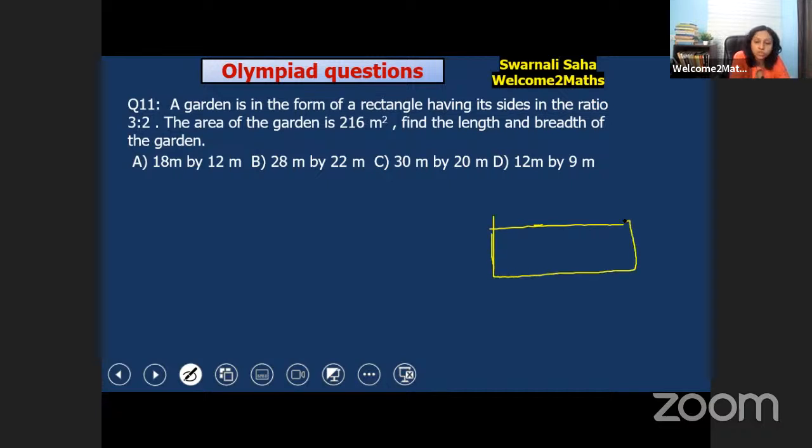Its sides have ratio 3:2. The area is 216 meters square. Find the length and breadth of the garden. That is so easy. Ratio wala question. You have already done this type of question. Yes, then check it. 3x and 2x.